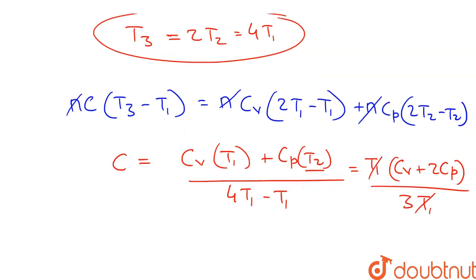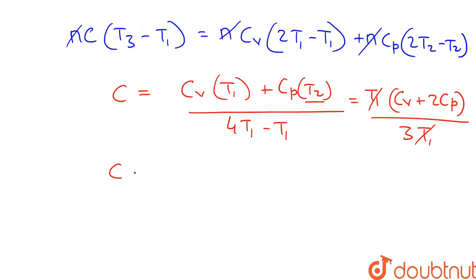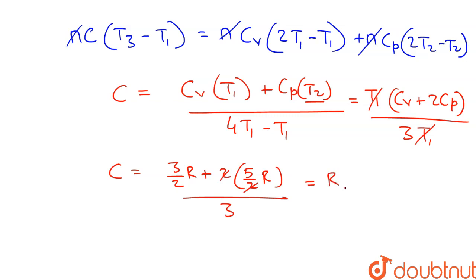So T1 gets cancelled and C becomes equal to Cv plus 2Cp divided by 3. For a monatomic gas, Cv is 3 by 2 R, and Cp is 5 by 2 R. So we have R by 3 into (3 by 2 plus 5).